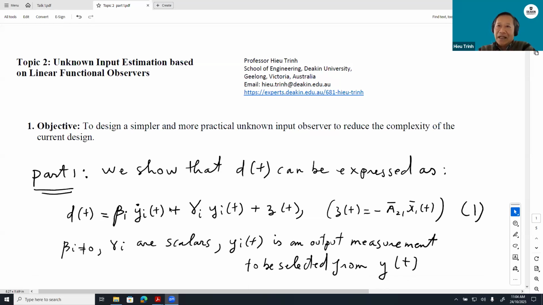This technique allows the unknown input to be expressed in its simplest form, containing only a single output measurement, its first derivatives, and a linear combination of the stack vector of the reduced order disturbance-free system.